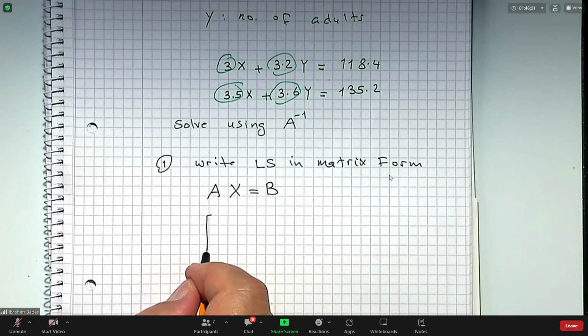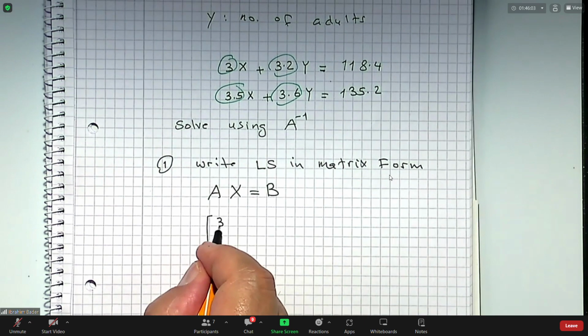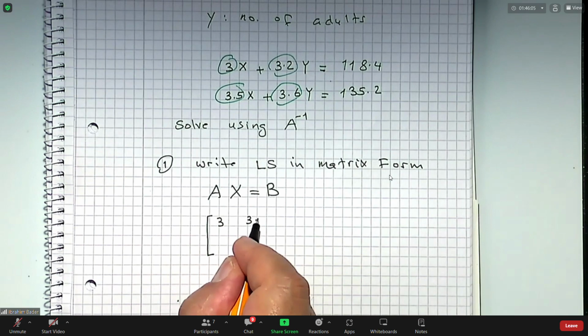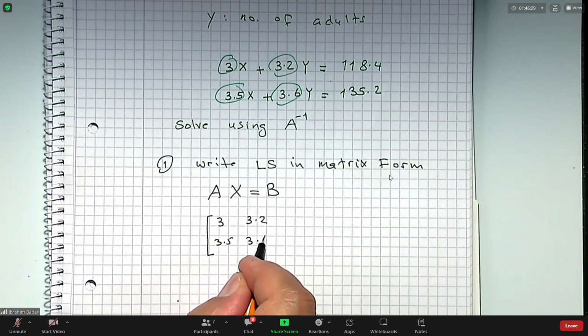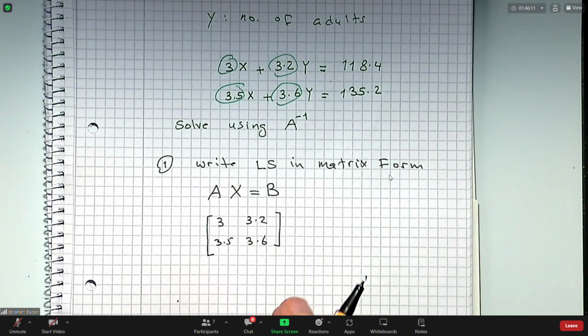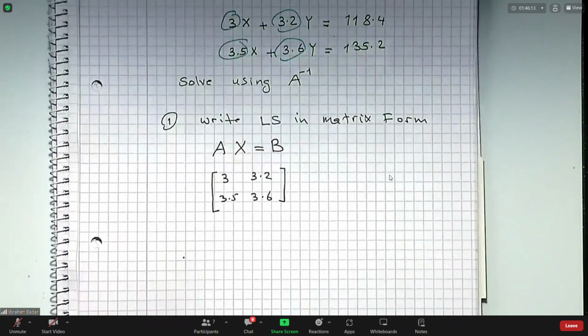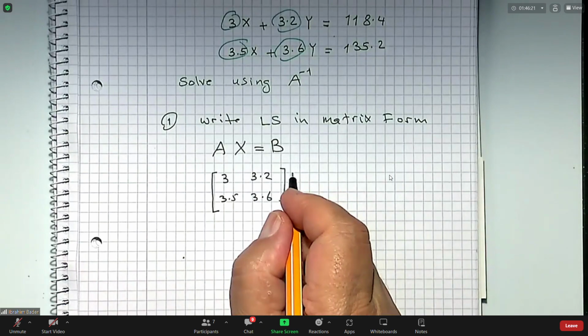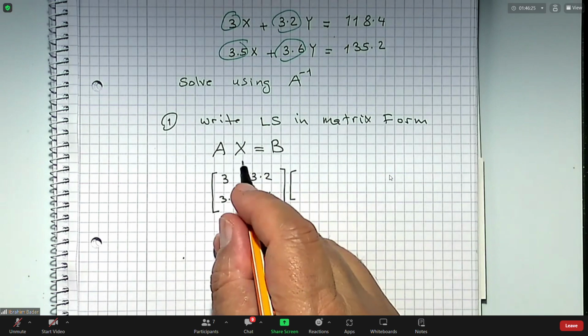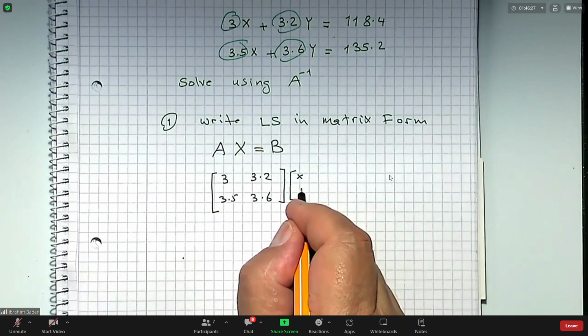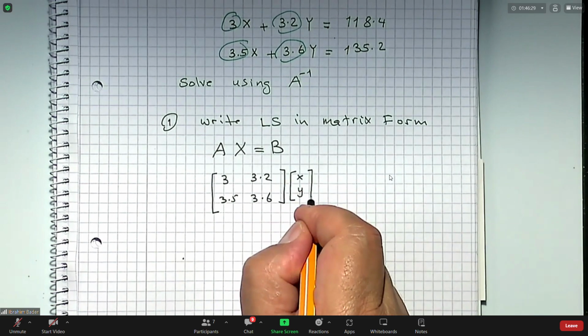My particular example here is 3, 3.2, 3.5, and 3.6, multiplied with the capital X, which is the variables in one column.